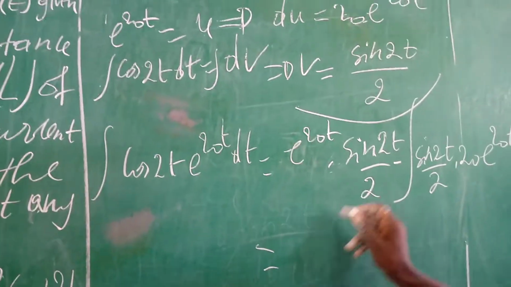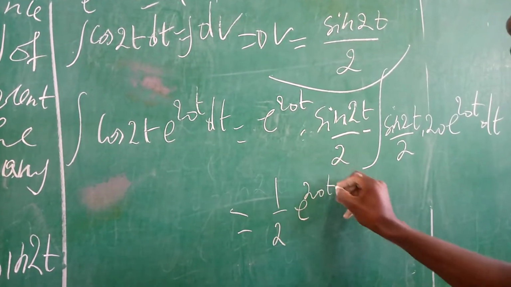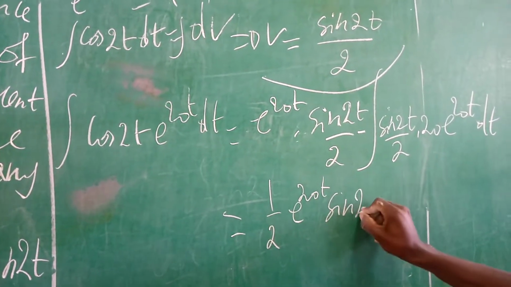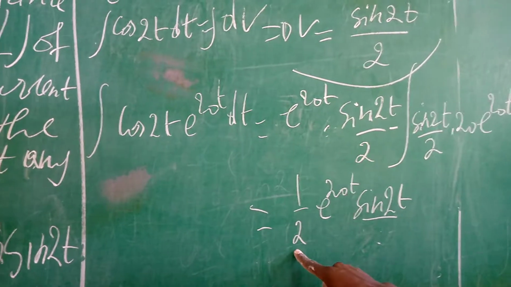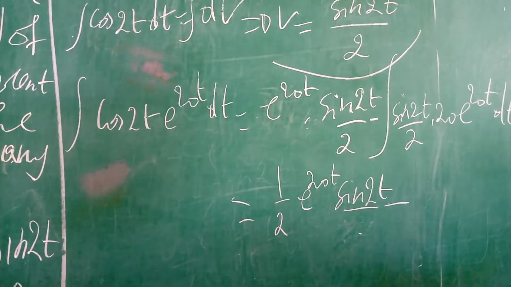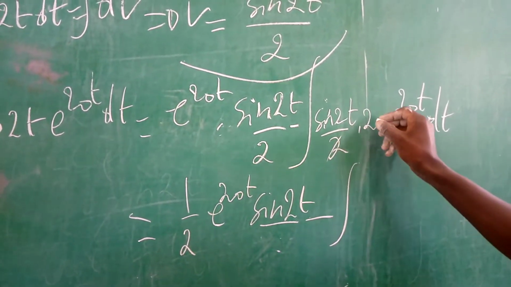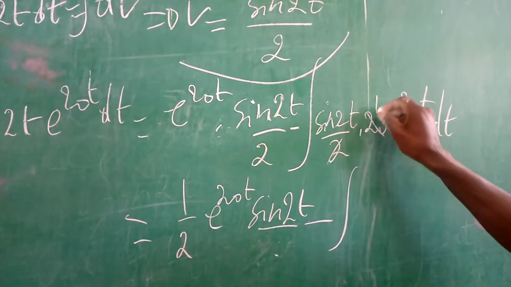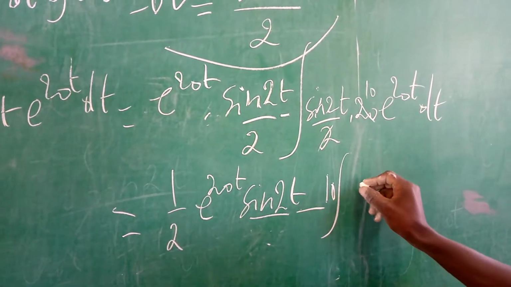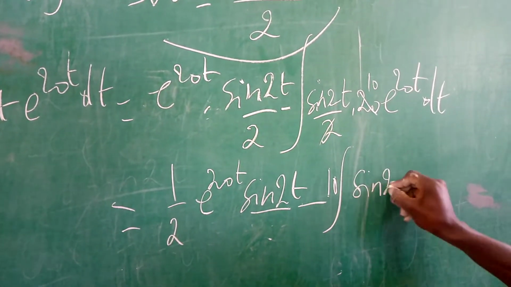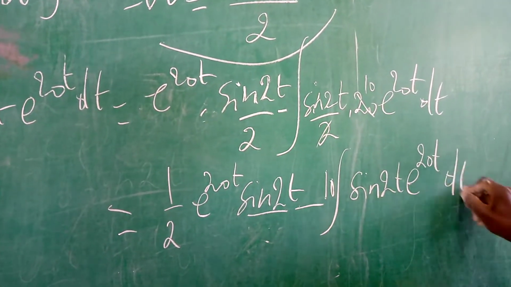Hence we get 1 over 2 e^(20t) sine 2t, and the 2 is simplified by 20, 10 comes out, and we remain with the integral of sine 2t e^(20t) dt.